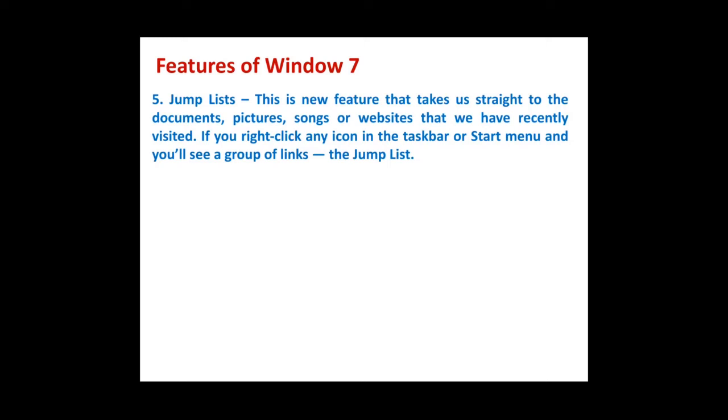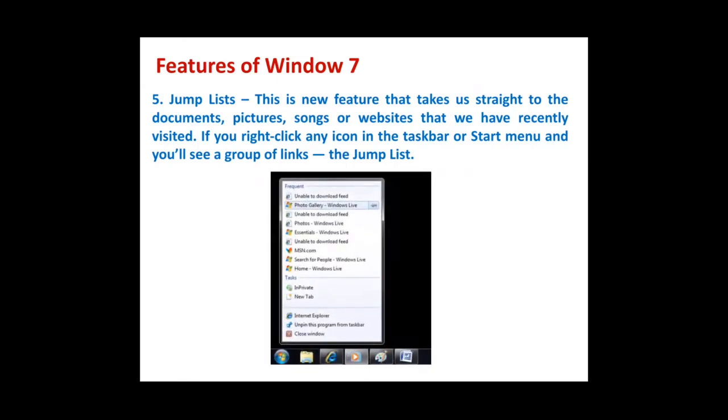When you right click on the taskbar, you will see the jump list, and then you will see a group of links there that you have recently used, whether it's a document, picture, or any website. So this is how it appears. Right here you can see there is one written as frequent, and all documents and websites that were recently used on this particular system are coming.